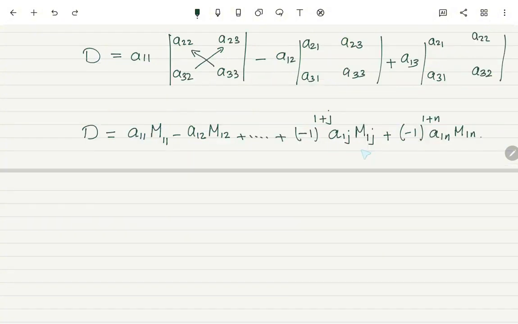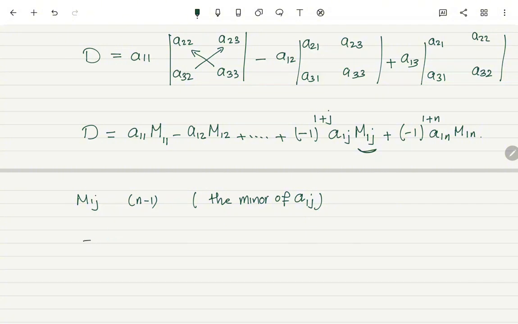In such a way, M1j here is a determinant of order n minus 1, and it's called the minor of element A1j.